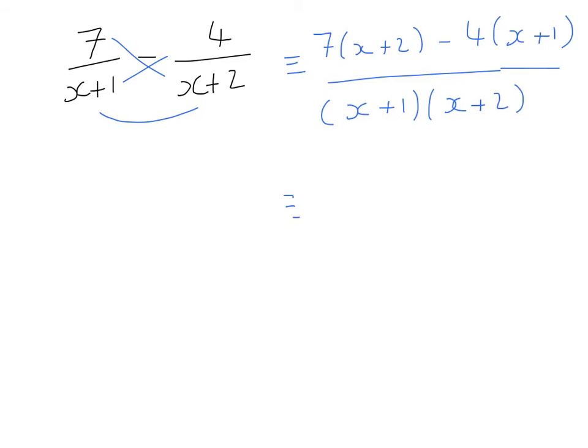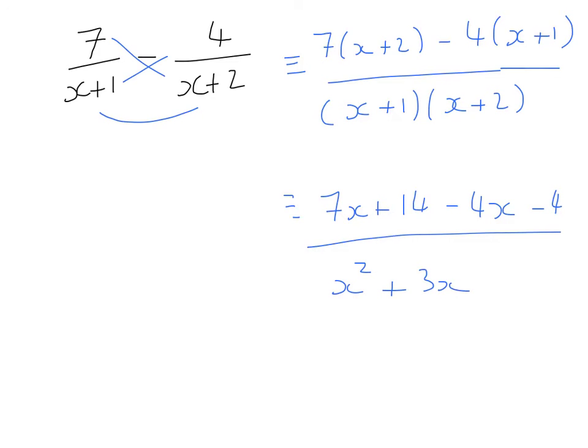I'm going to expand all the brackets both in the numerator and the denominator now. So on top we get 7x plus 14 minus 4x minus 4, and on the bottom we get x squared plus 3x plus 2.